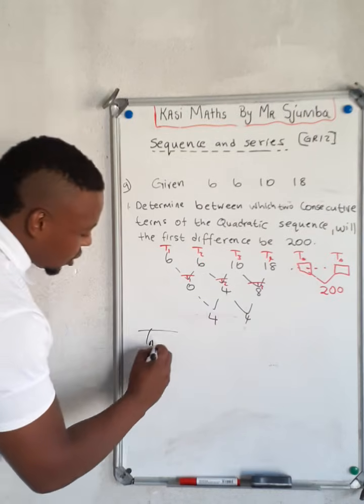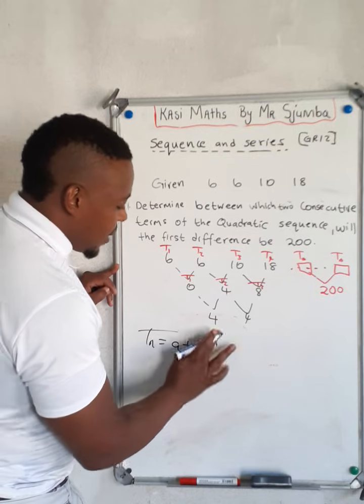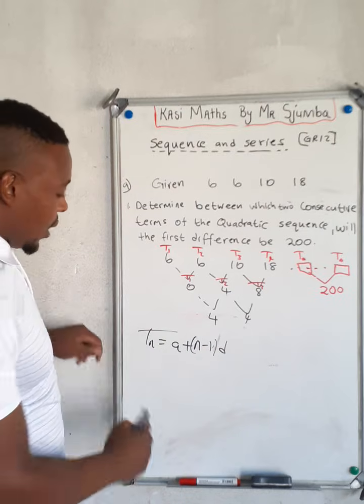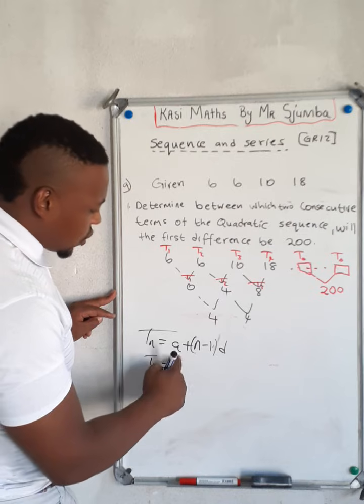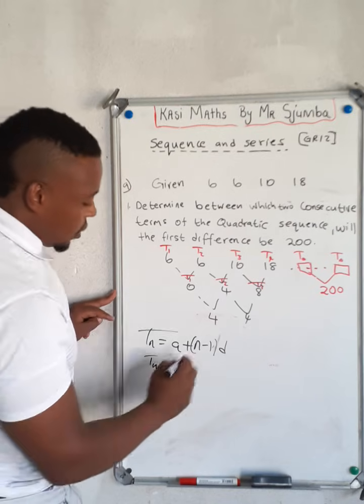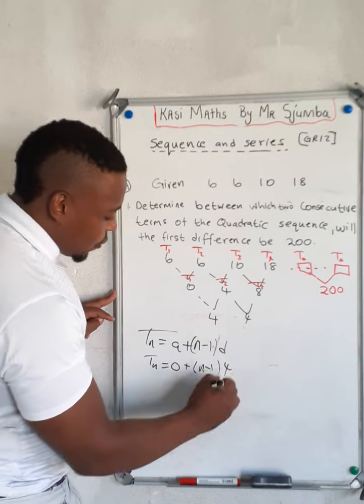So we use Tn equals a plus n minus 1 d. This is the linear general formula. Then substitute: Tn equals the first term, which is 4 for the linear, plus n minus 1 times the difference, 4.